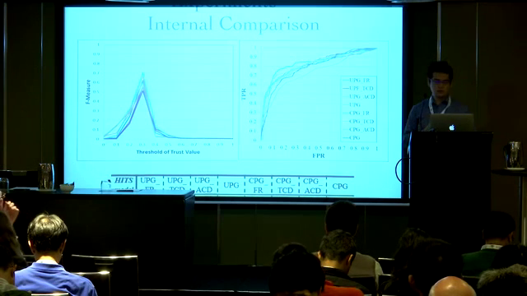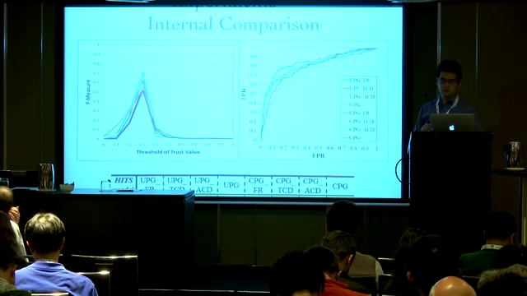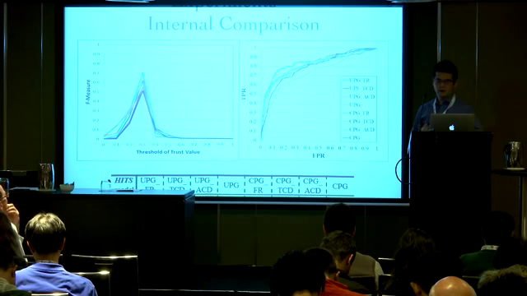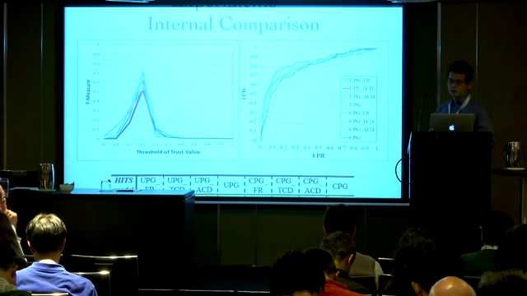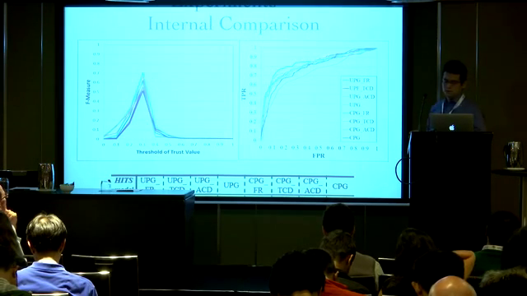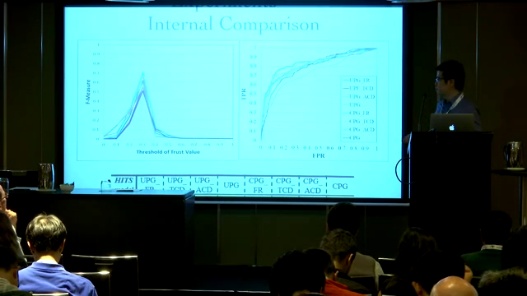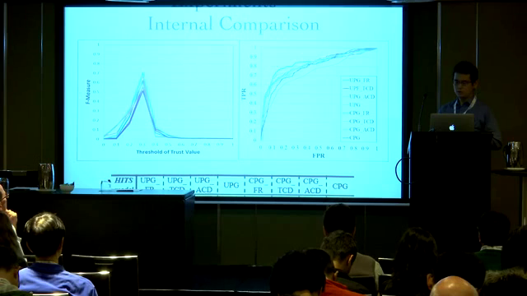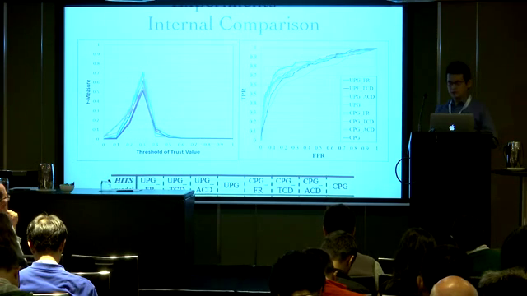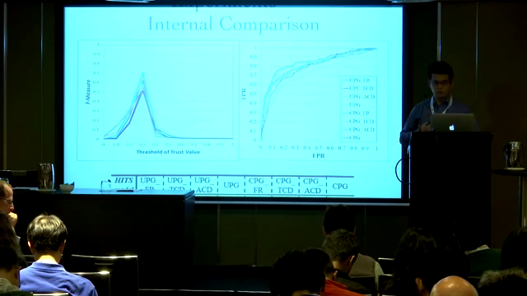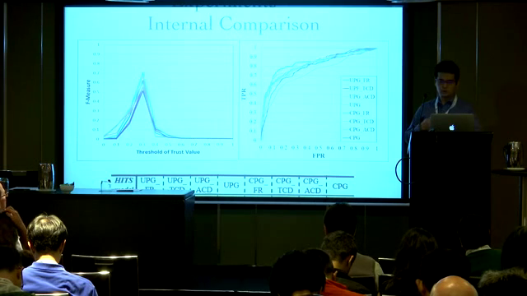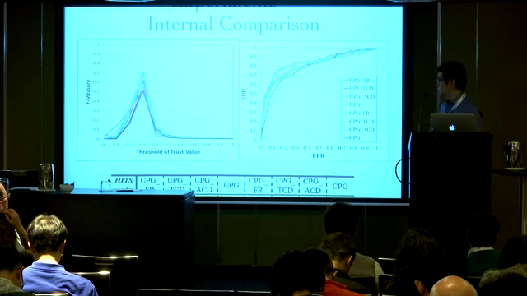And considering the F-measure and ROC curve, the CPG with call frequency is the best model. So we use the CPG with call frequency to represent our proposed method.